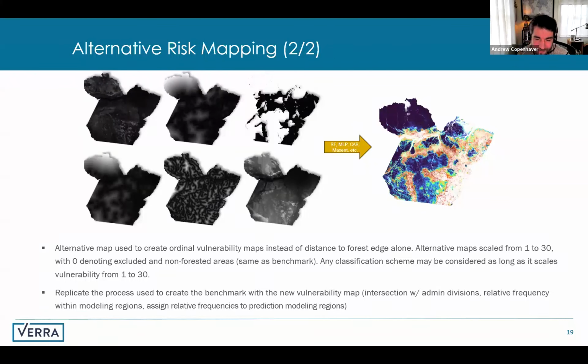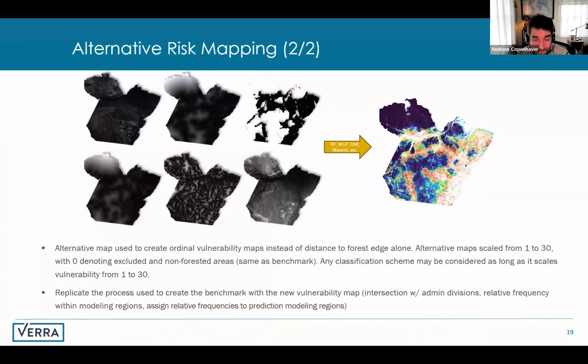Please note, again, these are just example covariates, and there are standards and quality constraints for supplementary data to be considered during developing alternative risk maps. But the limitations on what actually constitutes an eligible covariate is fairly minimal.